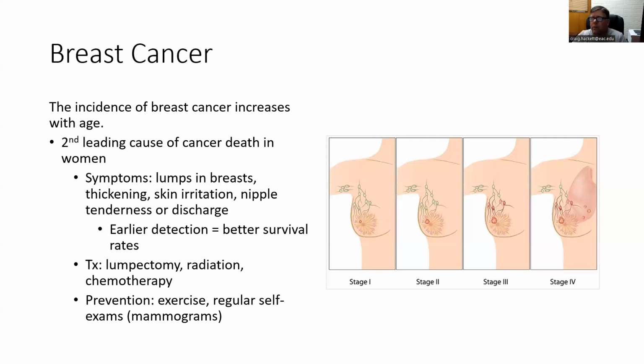So when you hit your 40s, you should get a regular mammogram, depending on your incidence rate, or prevalence. For example, my wife doesn't have any history of this in her family, so once a year is what the docs are telling her. My mom, on the other hand, my grandmother, her mom, had breast cancer. So my mom, up until she was 70, was getting them twice a year. So there you go. Just depends.